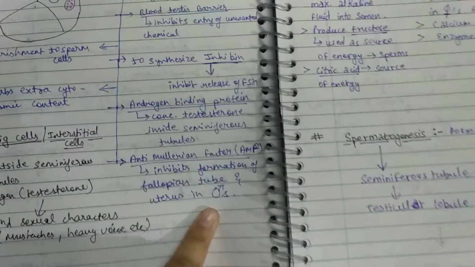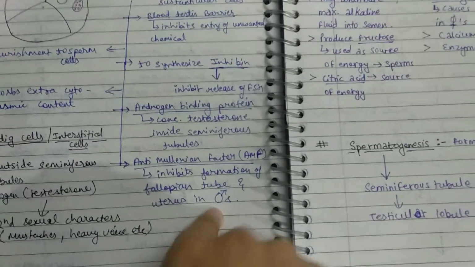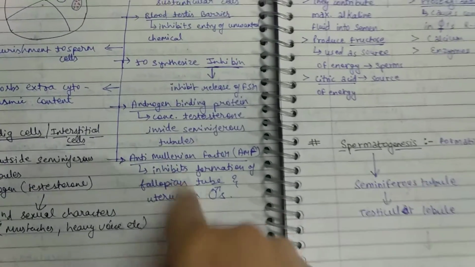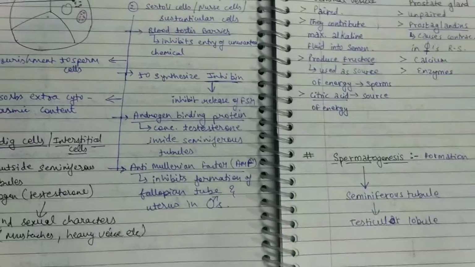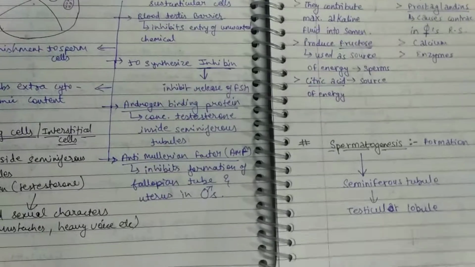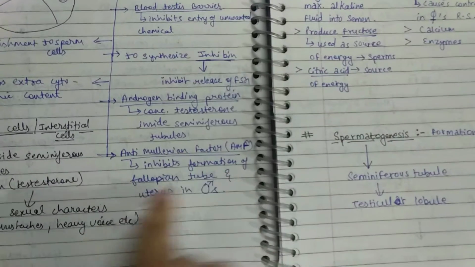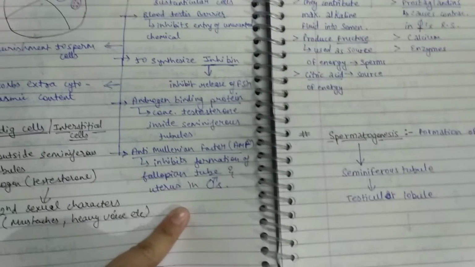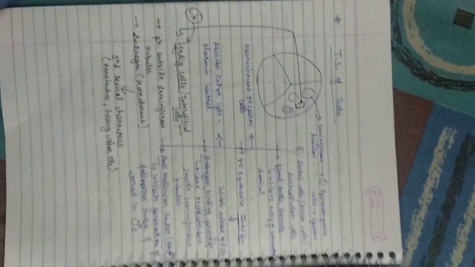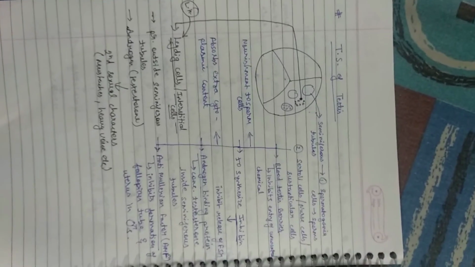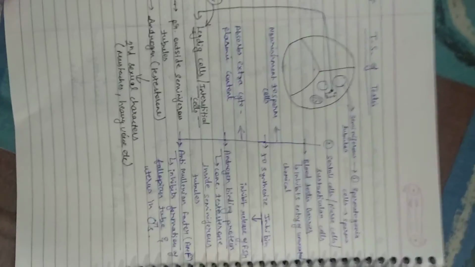It's a very important point, because we may be asked why boys do not produce fallopian tubes and uterus. It is this factor which actually inhibits the formation of these structures in males. Okay, so we are done here. Take the screenshot, guys. I hope it is clear to you now. Thank you.